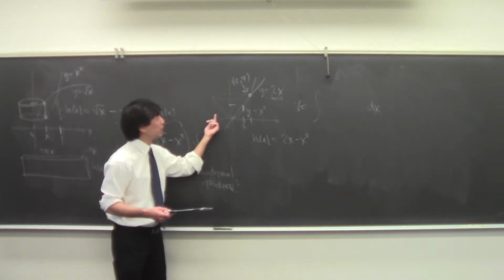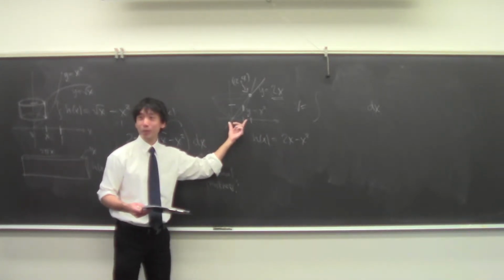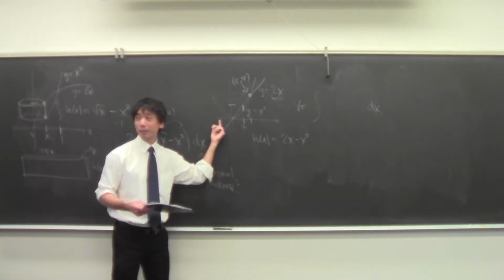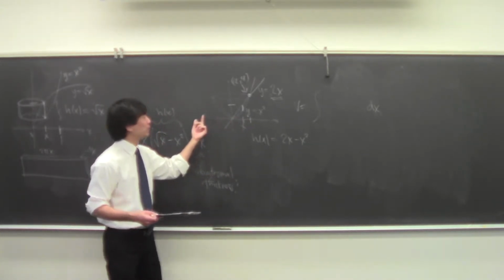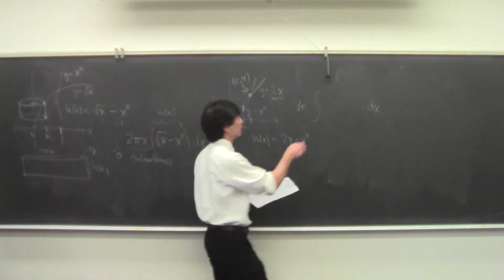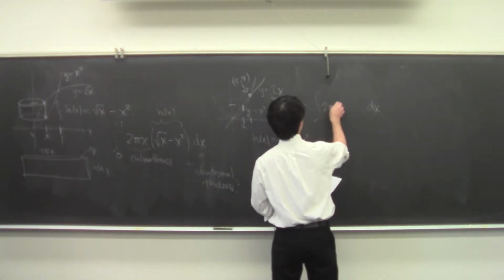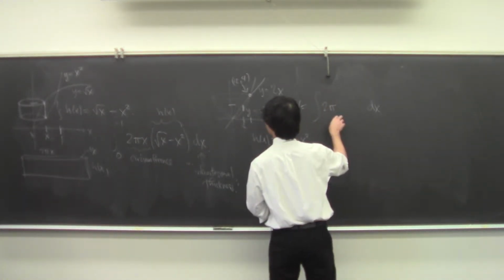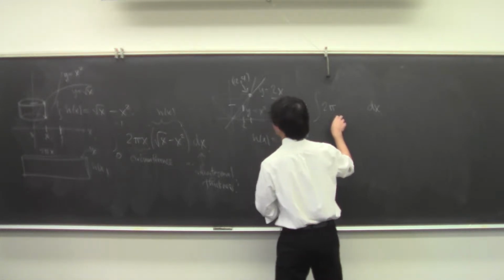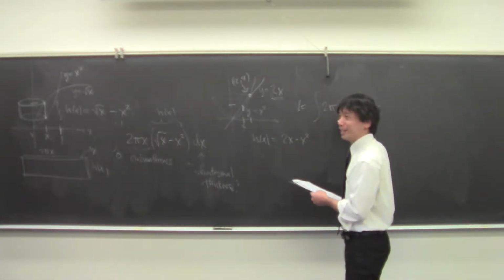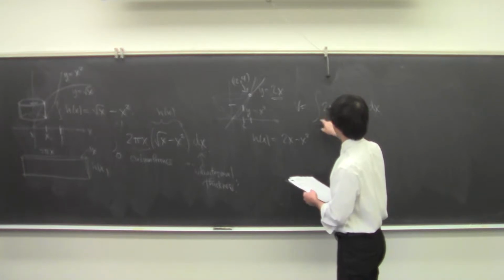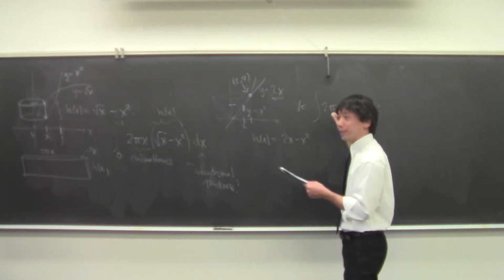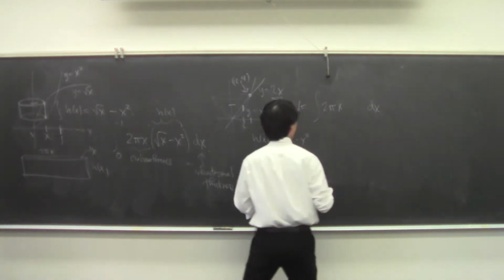You would simply get double the original volume. Oh, no, I guess you would get 0, because you'd have this x here, and then it would turn into 0. No, you would get 0.